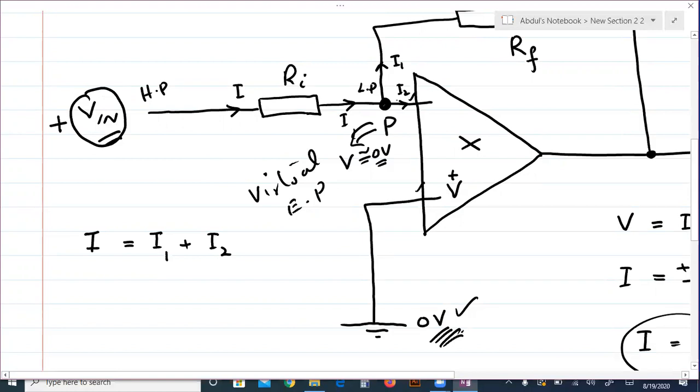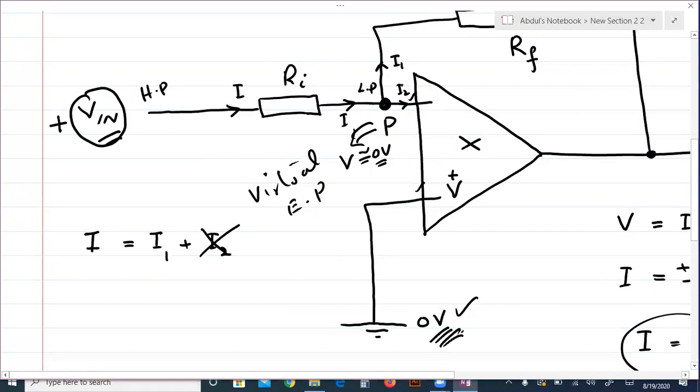And we have done that the input terminal impedance of the op-amp is infinity, or practically 10 power 6 to 10 power 12 ohm. So due to this very large impedance, large resistance, I2 current is negligible.